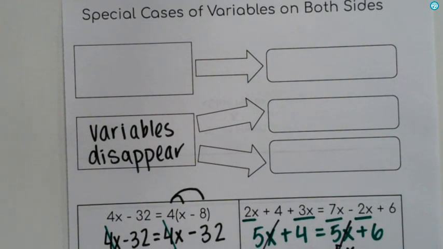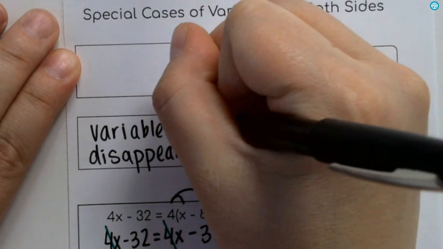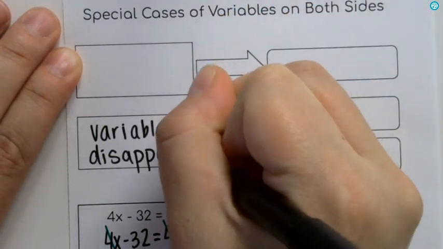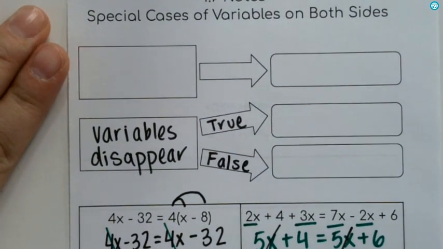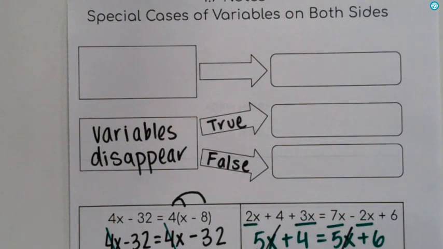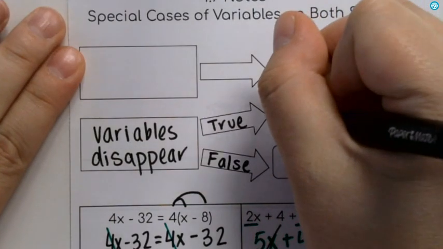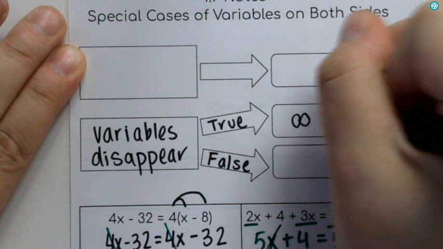Okay, if your variables disappear, you then have to look at what you are left with. You have to decide if what you're left with is true or false. So that's what goes in these little arrows here. If what you are left with is true, that means you have an infinite number of solutions.